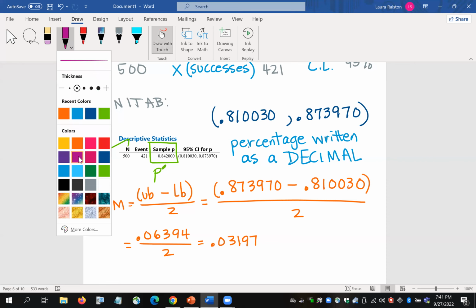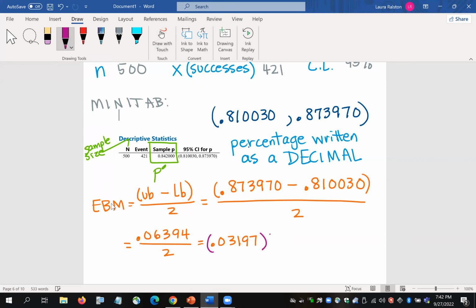Should I want to convert that to a percent, I'm going to multiply that decimal by 100%, which gives me 3.197%.